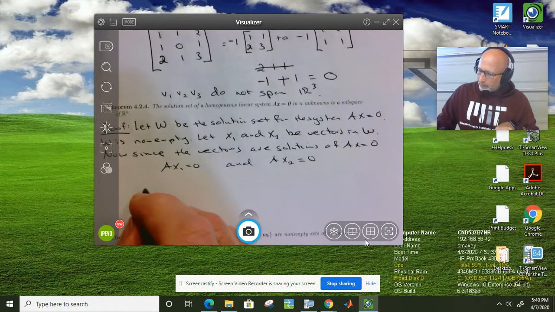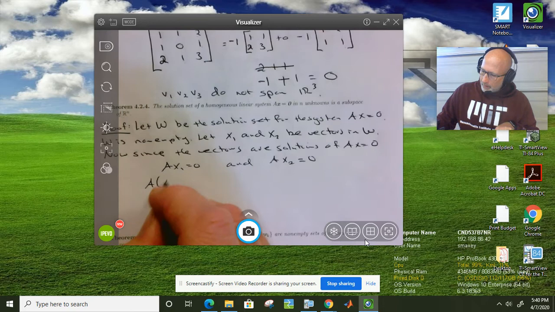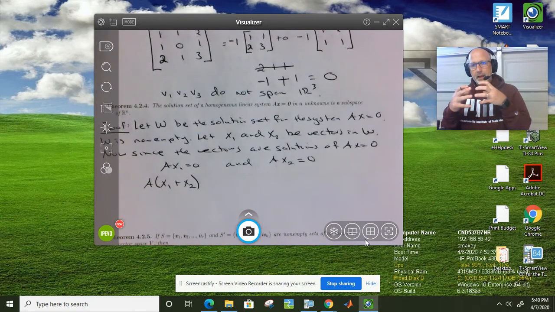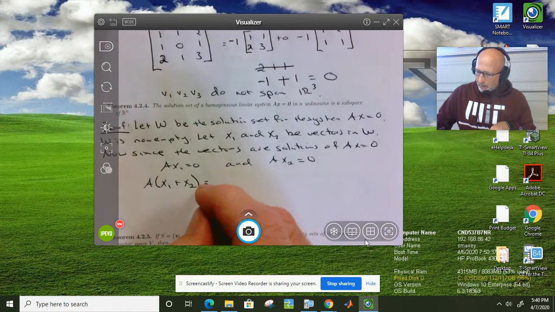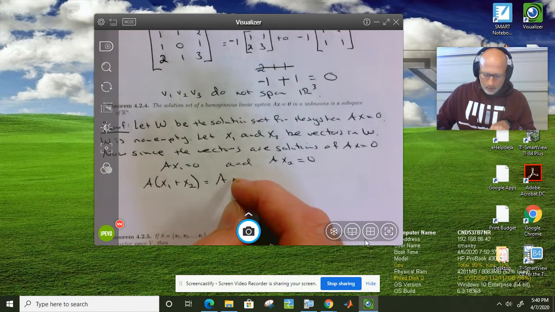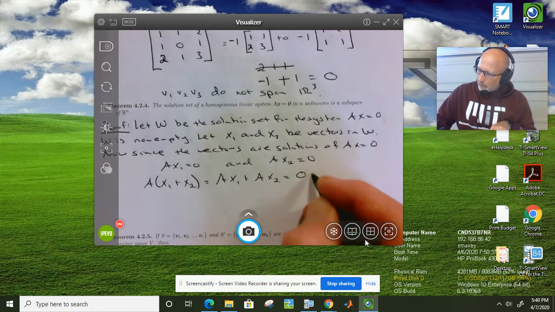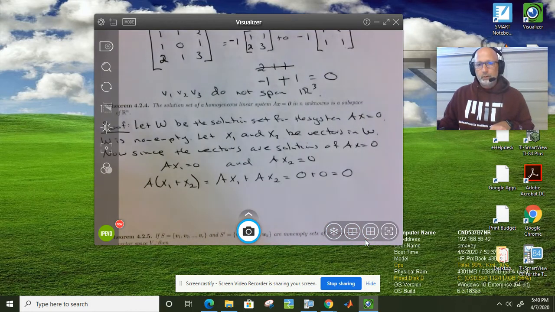So it follows then that A of x1 plus x2, once again, I'm taking those two elements, I'm adding them together, and I'm showing that it still belongs in the same system. It's going to be equal to Ax1 plus Ax2, which is equal to 0 plus 0, which is equal to 0. So that means that it's closed under addition.